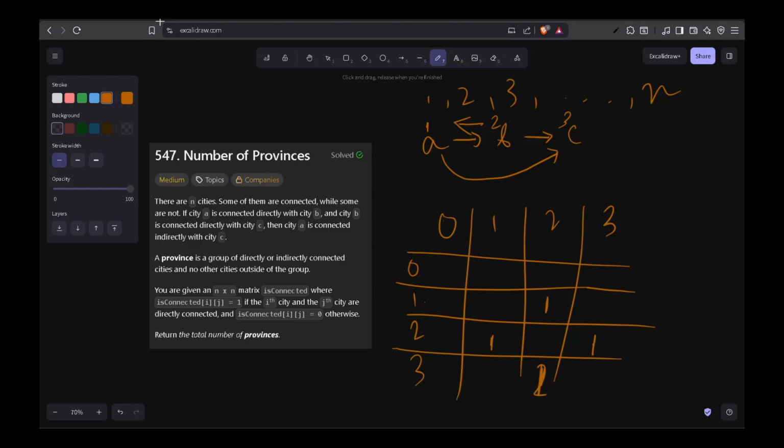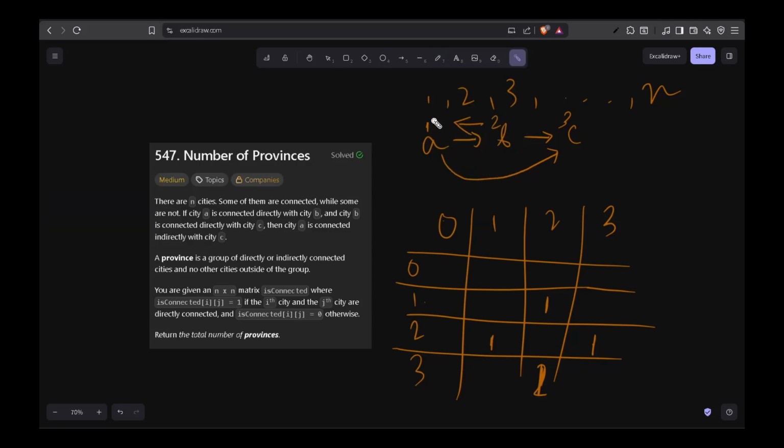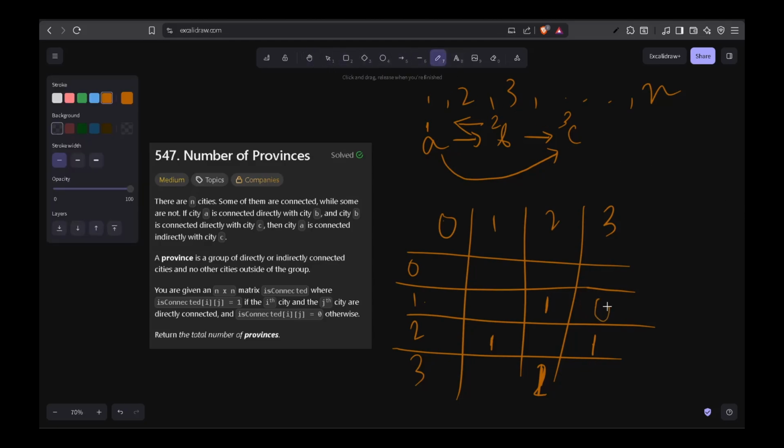Now A is not directly connected to C, right? That means here 1 is not pointing to 3, because we can see 1 comma 3 is not 1, right? That will be a 0. This will be a 0, and similarly 3 comma 1 will also be a 0.